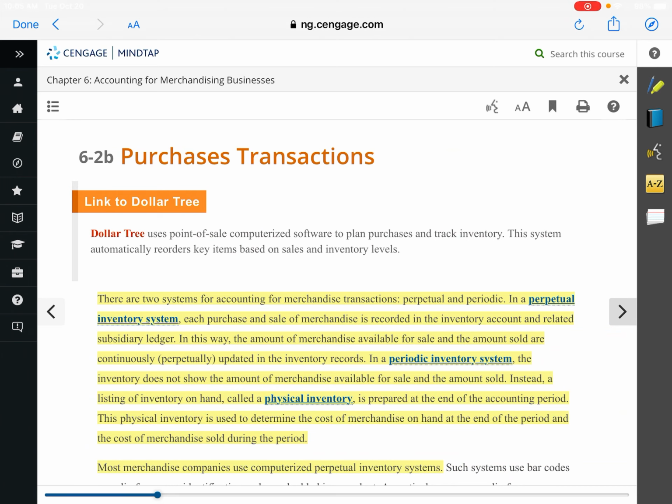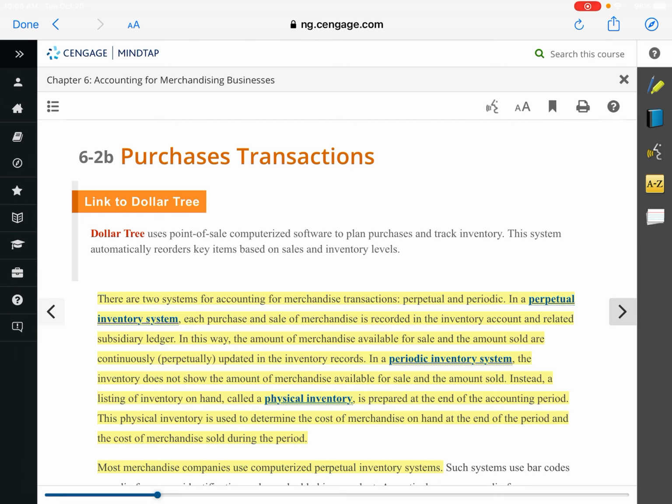All right, so let's look at a transaction. We said in a merchandising business, you are going to have inventory. If you have goods on hand, you're going to have inventory. It's very unlikely that you will sell out of your inventory at year end or period end. So most companies are going to have inventory on hand at the end of an accounting period.